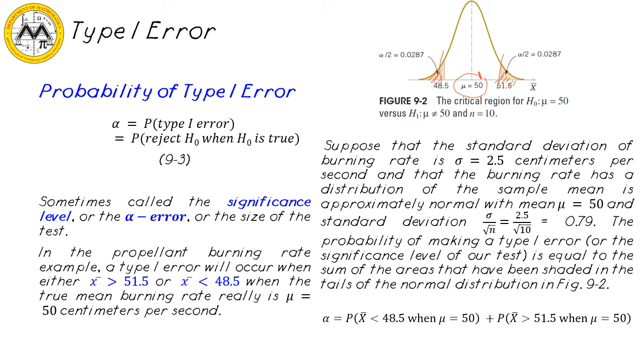The probability of making a type 1 error is equal to the sum of the areas that have been shaded in the tails of the normal distribution. So alpha is the probability that x bar is less than 48.5 plus the probability that x bar is greater than 51.5.